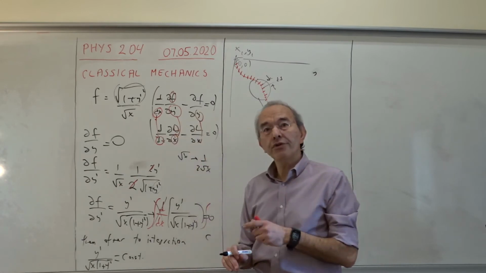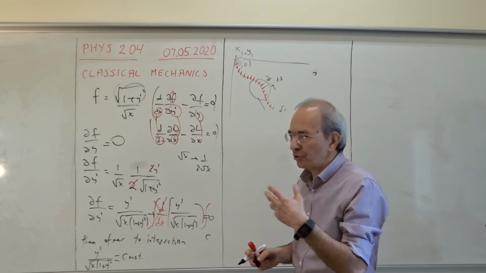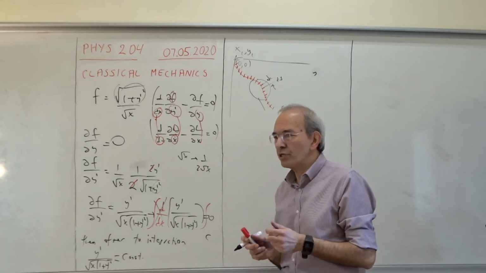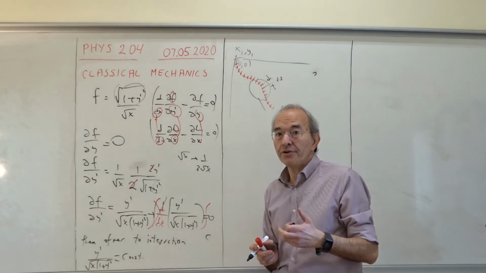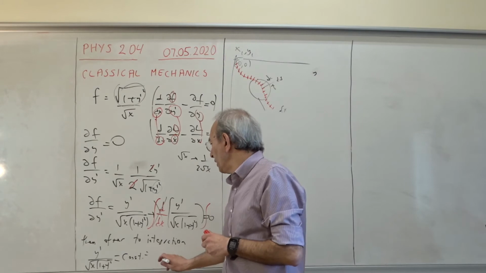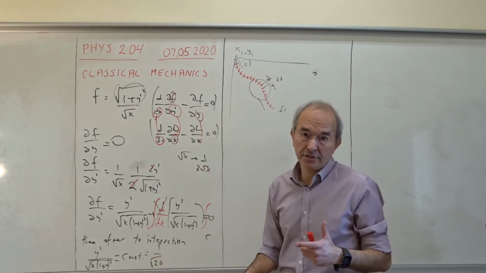But here, for this constant, we will not simply write, let it be A or B or C. Instead, for later simplification, we choose another constant. Let that constant be 1 over root 2A, for instance.